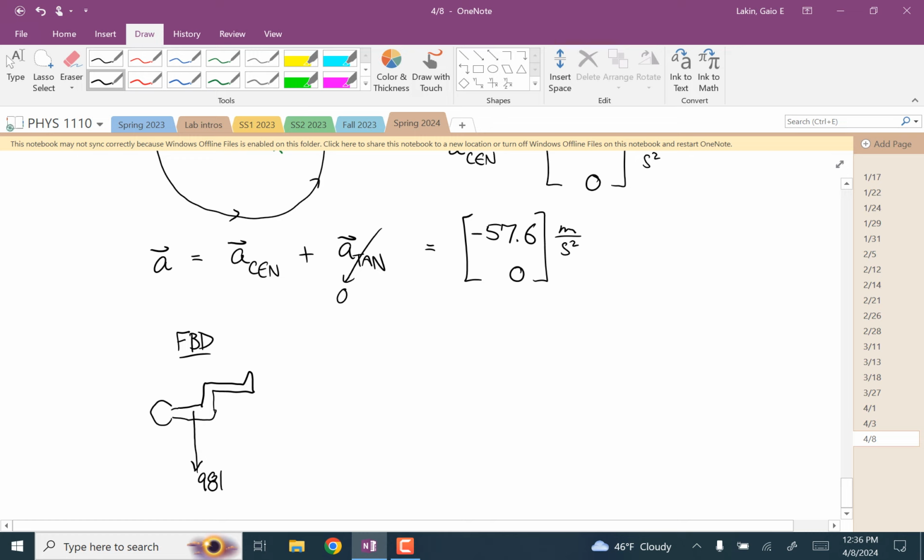Then there's a pushing force from the back of the seat. I'll call that N_B for back. And then there's a pushing force from the seat. I'll call that N_S for seat.